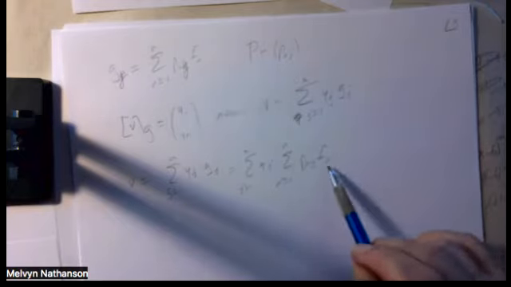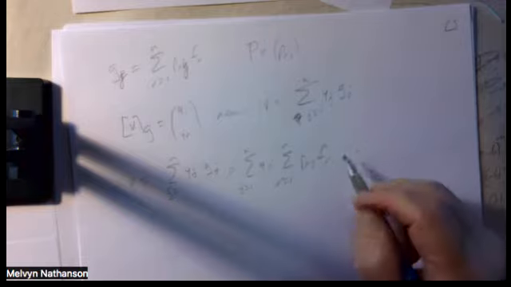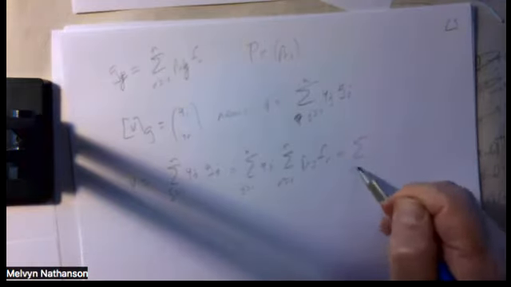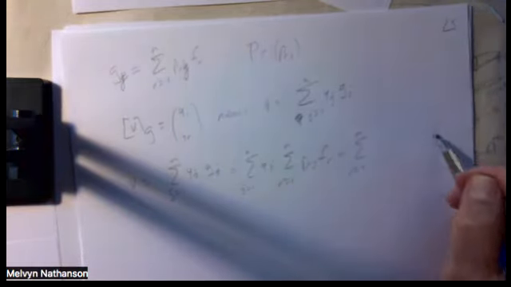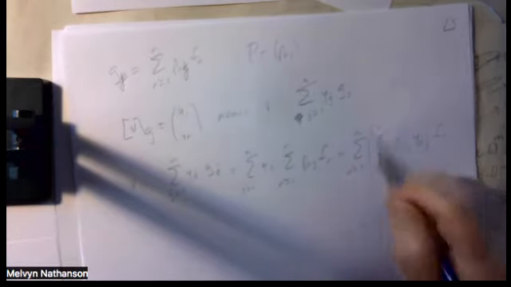So when I expand all this, I get some linear combination of the f_i's. So this is summation i goes from 1 up to n, summation j goes from 1 up to n, I have p_ij, y sub j.